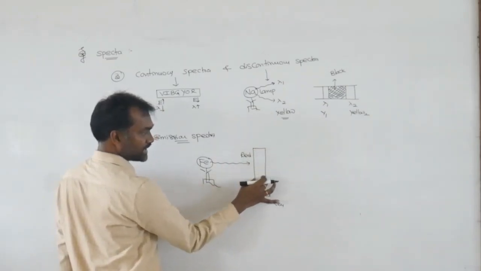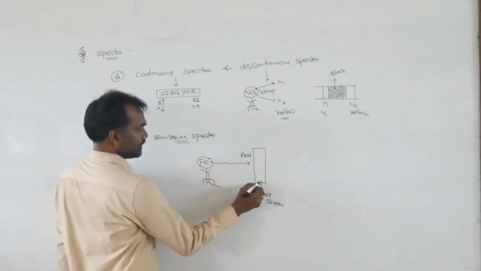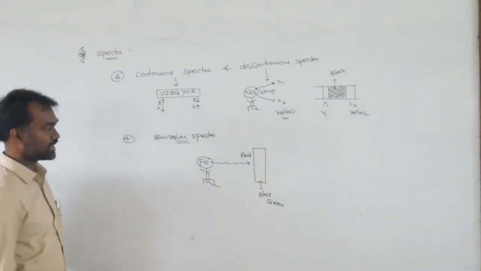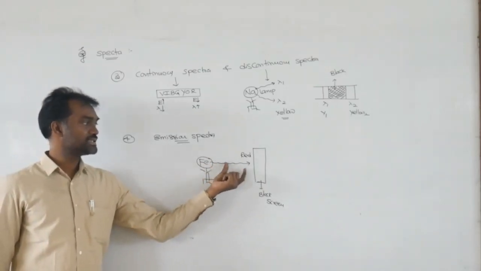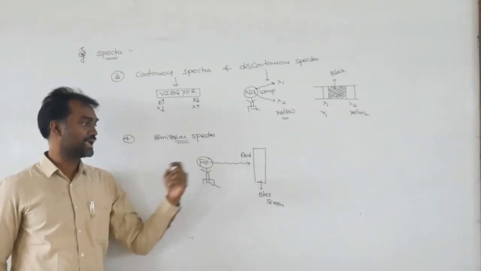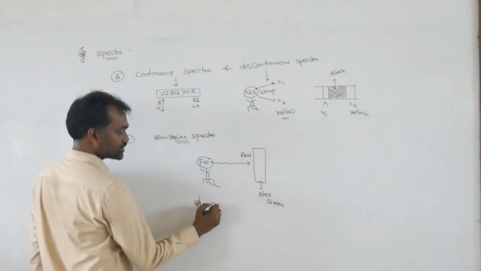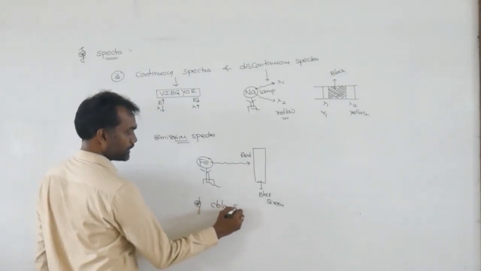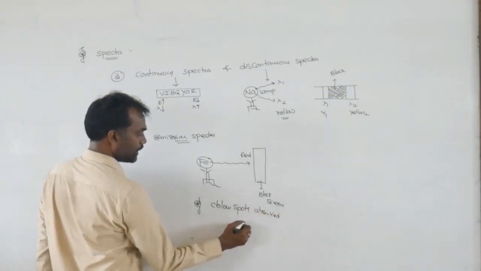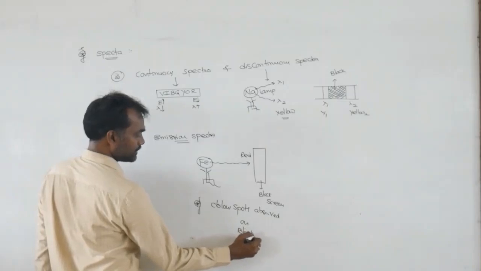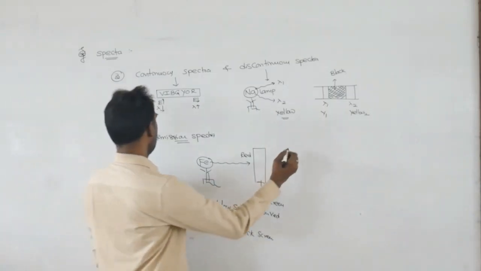So this black screen looks like a complete red color. This is what emission spectra means: we heat iron, the material releases some light, meaning it emits light. The important point is that color spots are observed on a black screen.